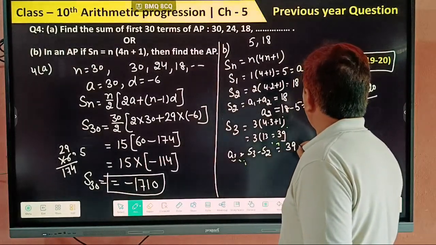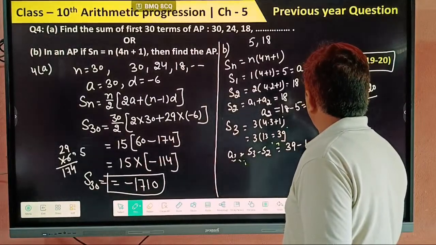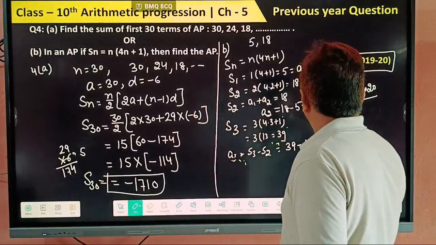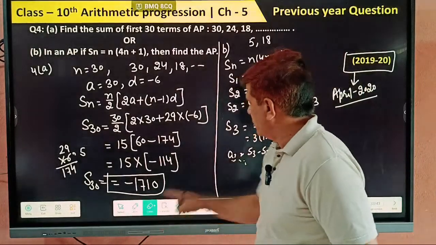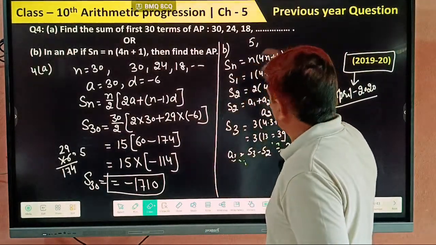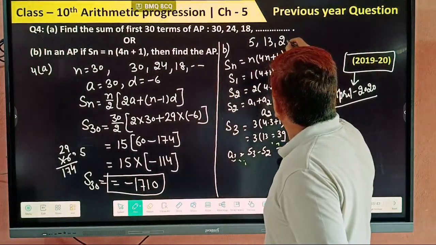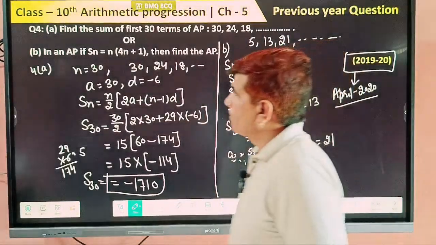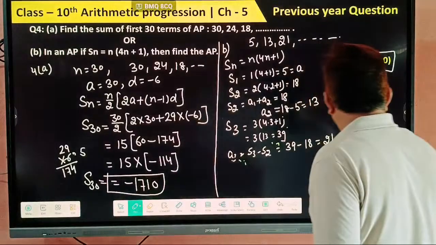So 39 minus 18, how much? 21. Here 5, then 13, then 21. So this is the AP. Next question.